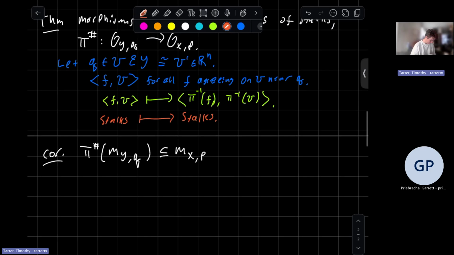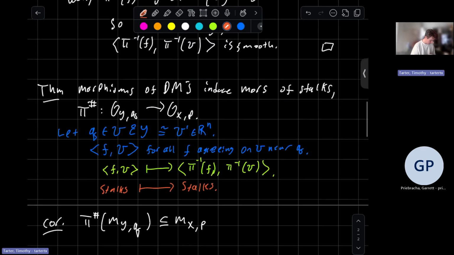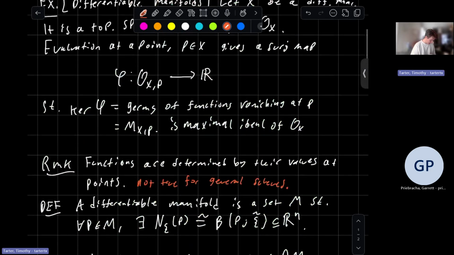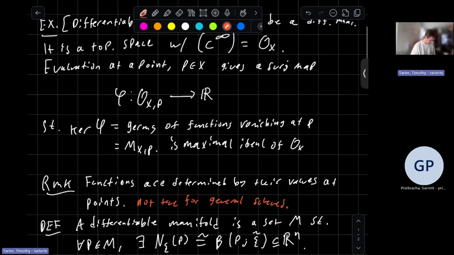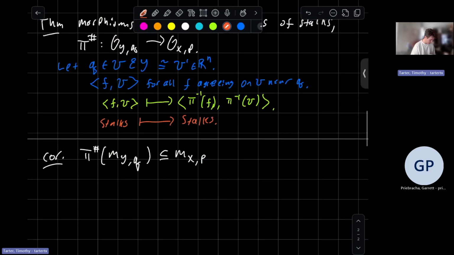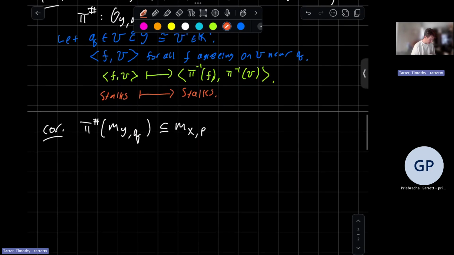So the maximal ideal is all of the functions which vanish.